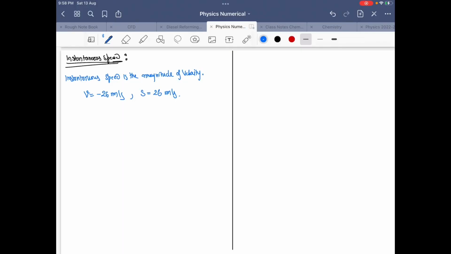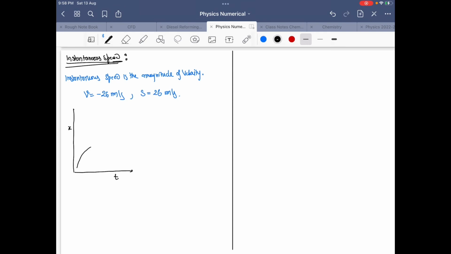Why is it so? Since our last video, we have seen that average velocity and average speed are not equal every time, but instantaneous speed is equal to instantaneous velocity with its magnitude. Why is it so? We will see here. Suppose we again have a relation between x versus time.